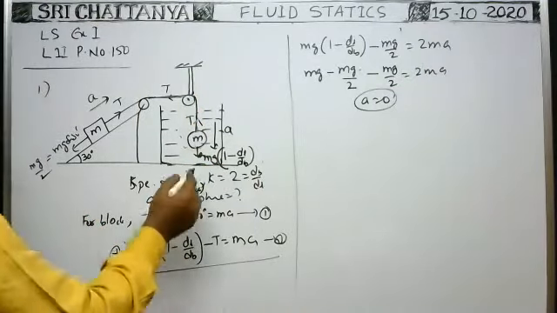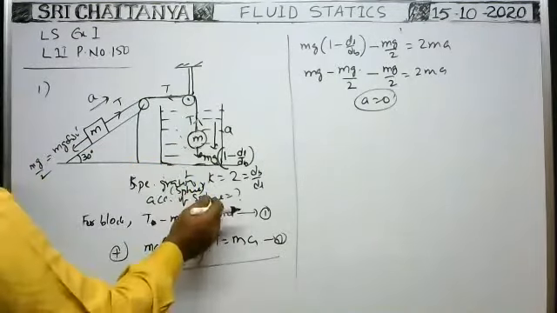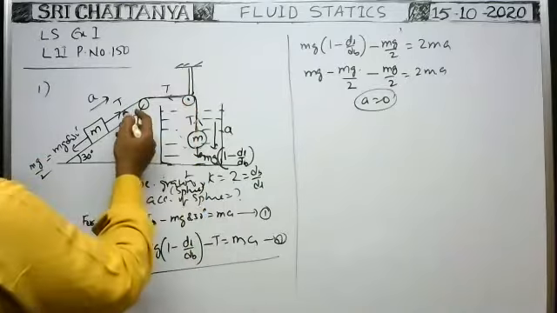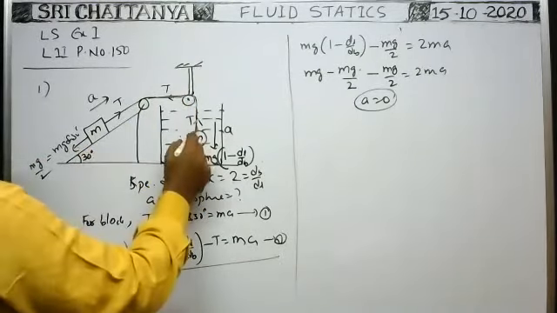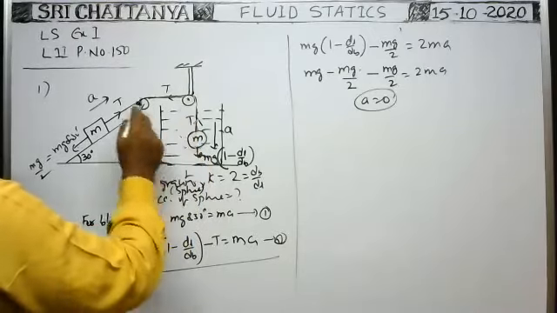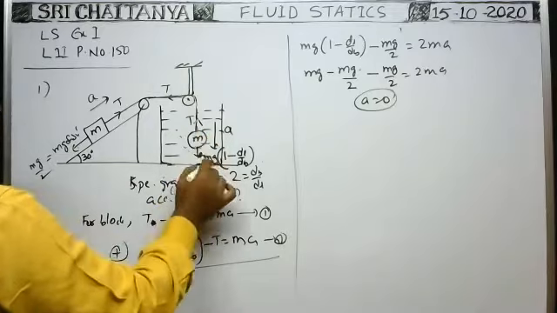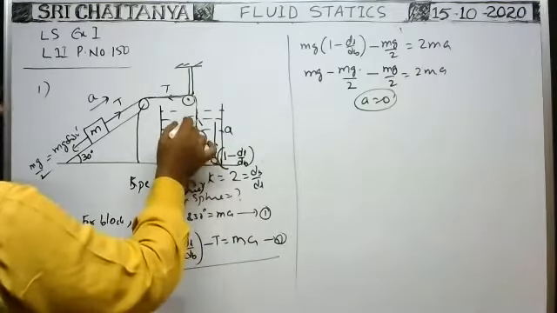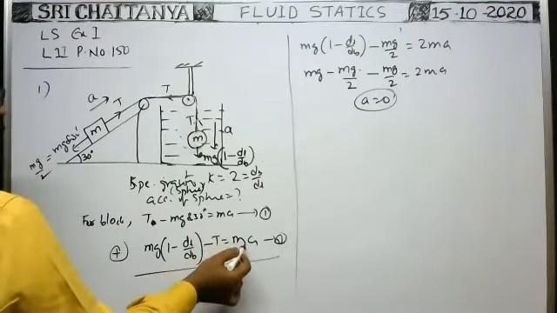Suppose the entire system moves in this direction, then T is greater than this mg sin 30. As it is the same string, the tension here is T, and here also T. While the system is coming in this direction, mg of 1 minus dl by db is greater than tension. So this: mg(1 - dl/db) minus T is equal to m into a.